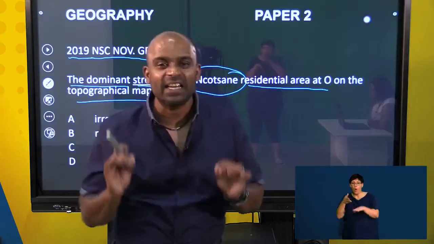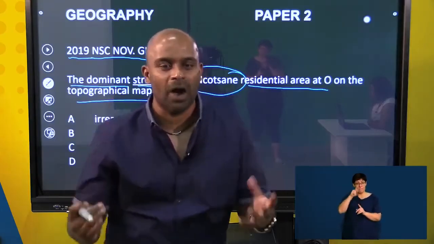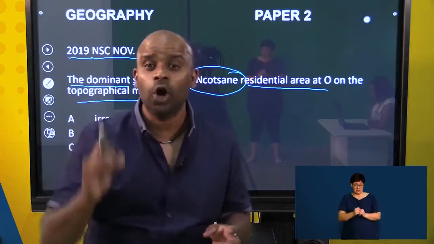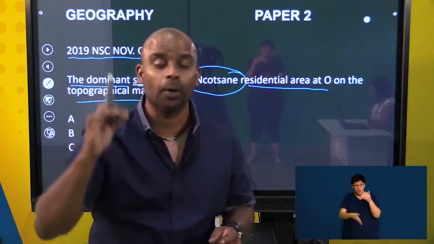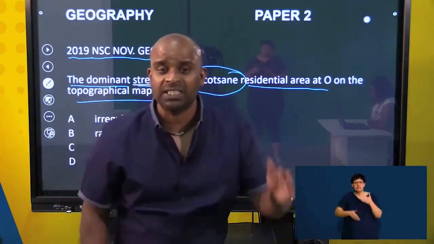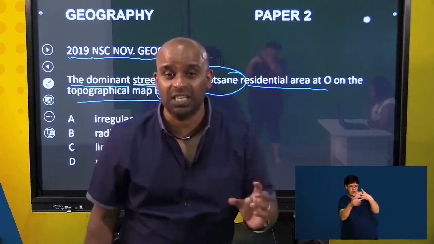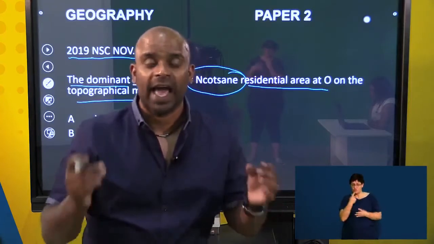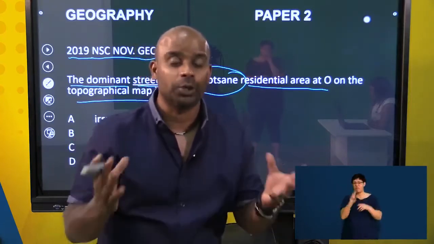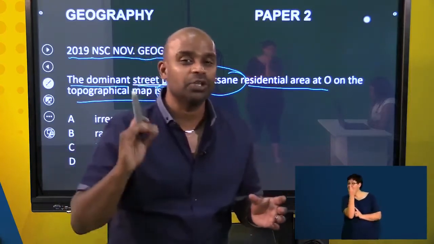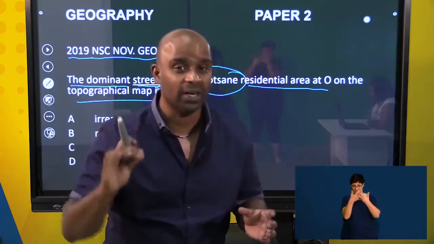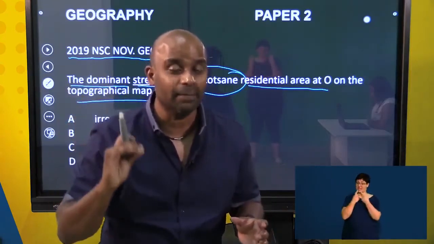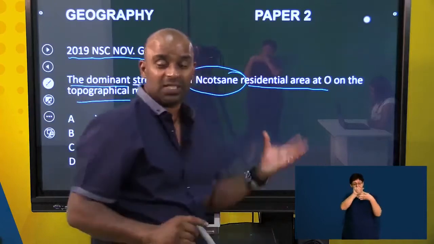Now, this statement is called the stem, and it is incomplete. But to complete it, one of the options in A, B, C, or D is the correct answer. You have to choose. And when you're looking at it, what you have to understand is you need to match the correct word or statement in A, B, C, or D to the stem.